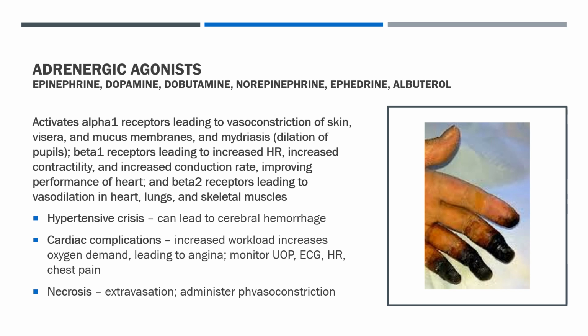Beta-1 receptors activated, leading to an increased heart rate, increased contractility, and increased conduction rate, improving the performance of the heart, and beta-2 receptors leading to vasodilation in the heart, lungs, and skeletal muscles.